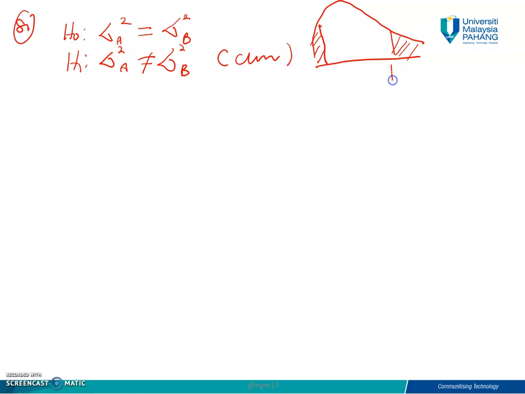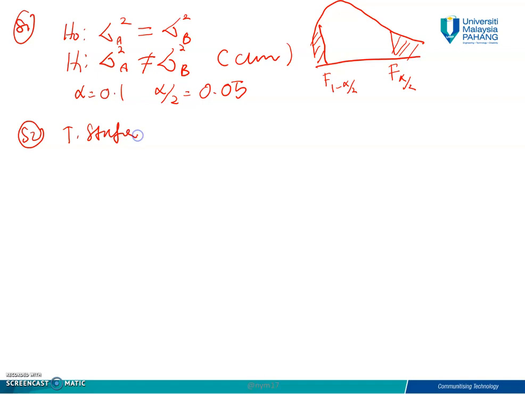Here you will have alpha over 2, and here you will have 1 minus alpha over 2. Take note that at this part you have two tails, two areas like this. Remember your alpha just now is 0.1, so alpha divided by 2 you get 0.05.